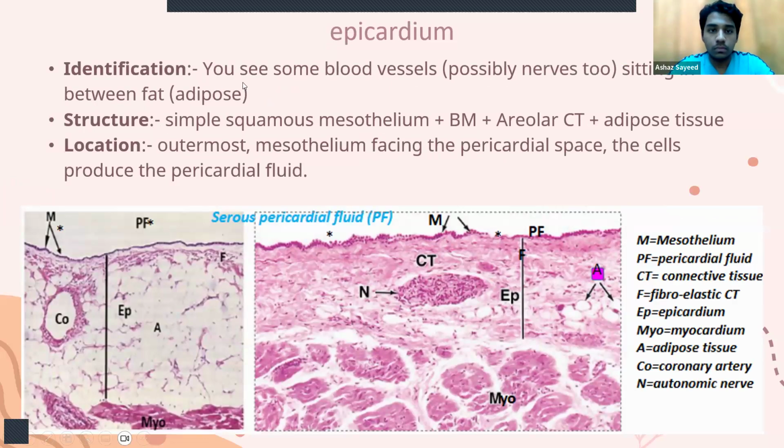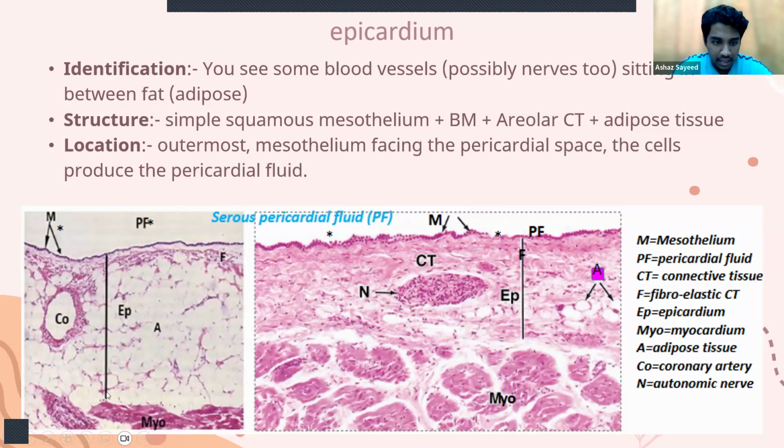So you will be given some histology slides, and you have to identify whether it's the epicardium or not. To identify that you are at the epicardial level, you see some blood vessels and nerves sitting in between fat. So it's gonna be like this bed of fat inside of which you're gonna see blood vessels and nerves. See the image here.